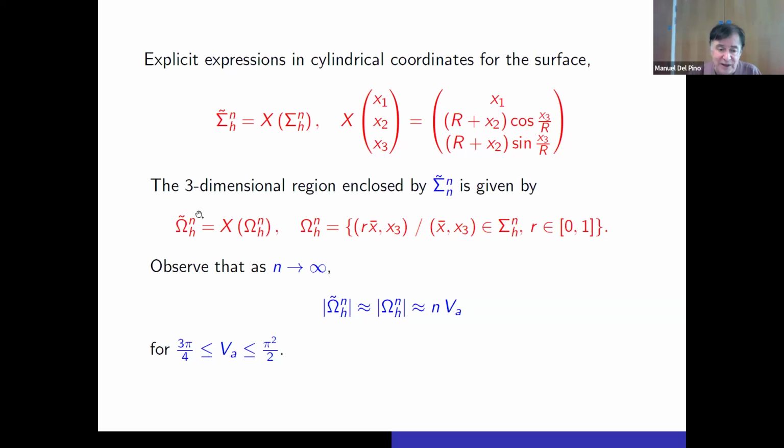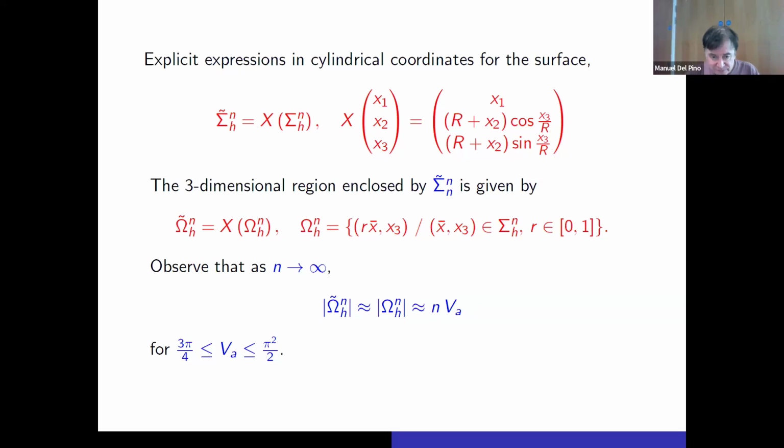And I do similarly with the volume. The omega tilde is the transformation of the full domain omega NH, where omega NH is this guy here, which is simply the solid Delaunay region.